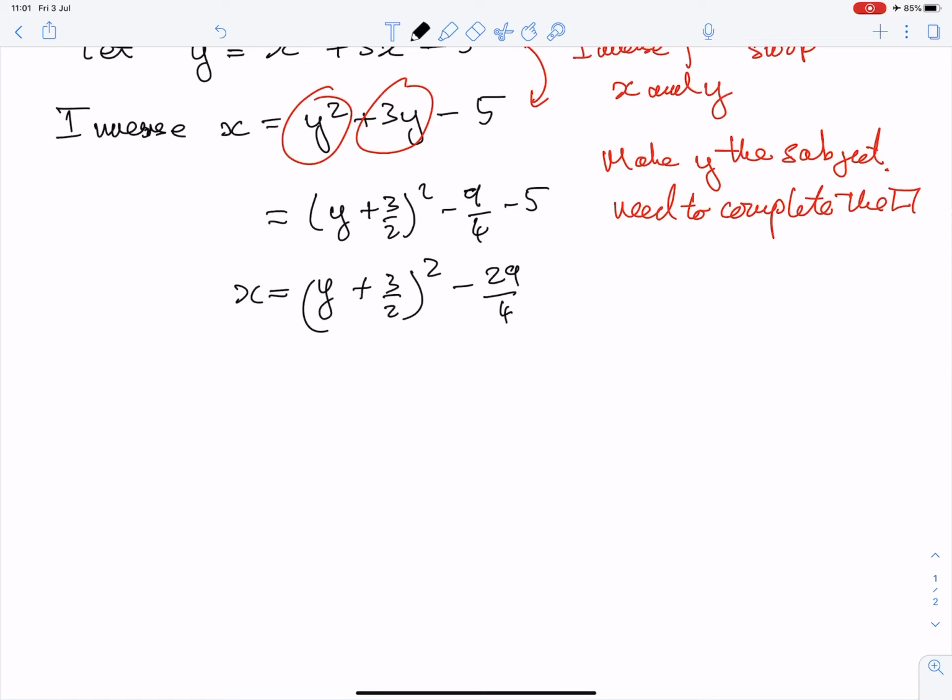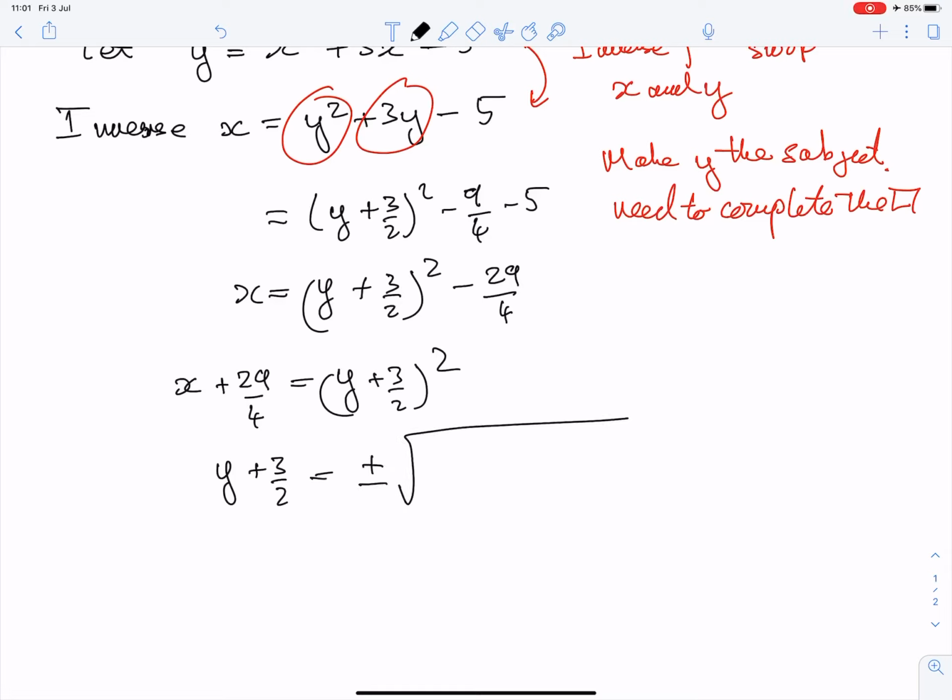So now we can find y. Add the 29 over 4, so x plus 29 over 4 equals y plus 3 over 2 squared. Now we square root, so y plus 3 over 2 equals plus or minus the square root of x plus 29 over 4.